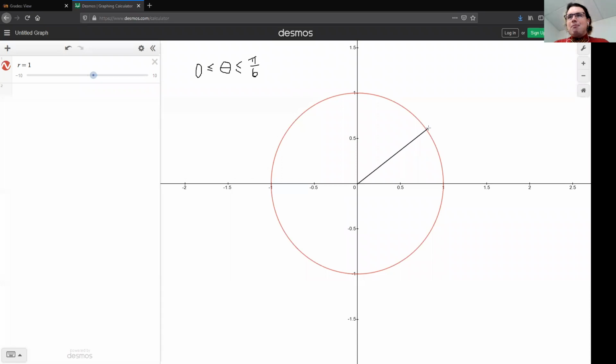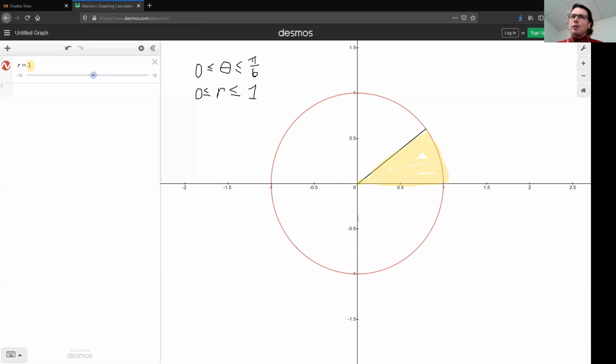Pi over 6 would be about this much. And I can look at all the possible values of r, let's say r from 0 up to r equals 1. I picked r equals 1 because that's the function that I care about here. And I can fill in this area of the sector of the circle, just a fancy name for this wedge here. And I want to calculate the area of this thing.